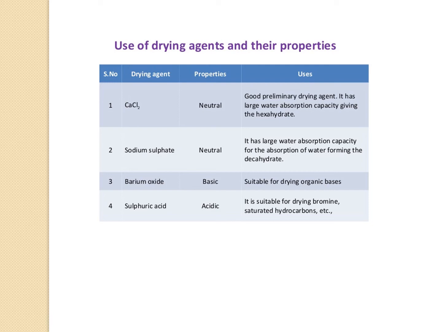Sodium sulfate is also a neutral salt with a large water absorption capacity, forming the decahydrate. Barium oxide is a basic salt, so it is used for drying basic organic compounds. Sulfuric acid is acidic. It is used for drying bromine, saturated hydrocarbons, etc.